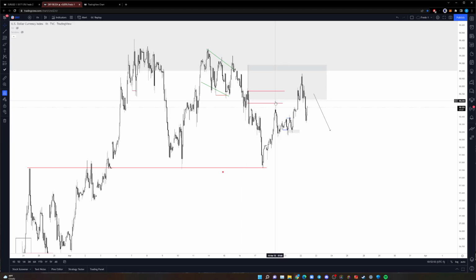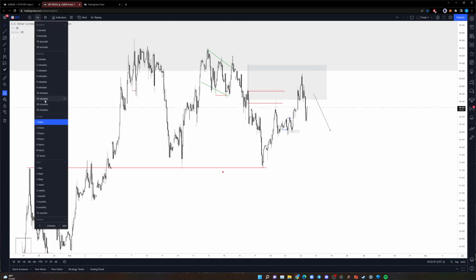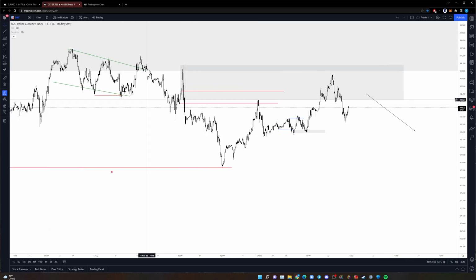So we had seen the initial reaction, and let's actually highlight those POIs. It was, I believe, M15-ish. Yeah, it was in confluence with the open almost. Right here.